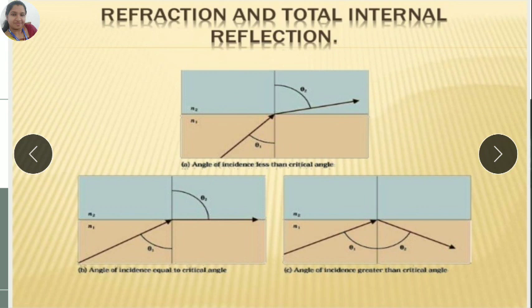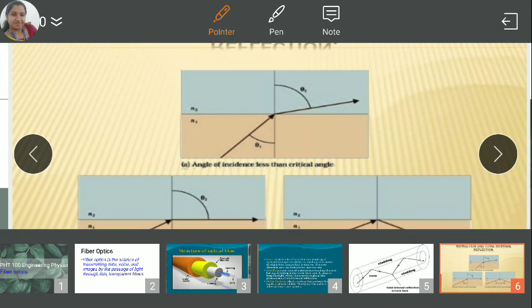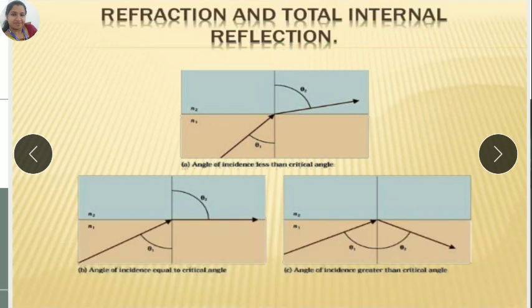Then in the third diagram, the angle of incidence is greater than the critical angle. That means if the critical angle is theta, here the angle of incidence is greater than theta. In this case the light ray is reflected back into the same medium. This is called total internal reflection.